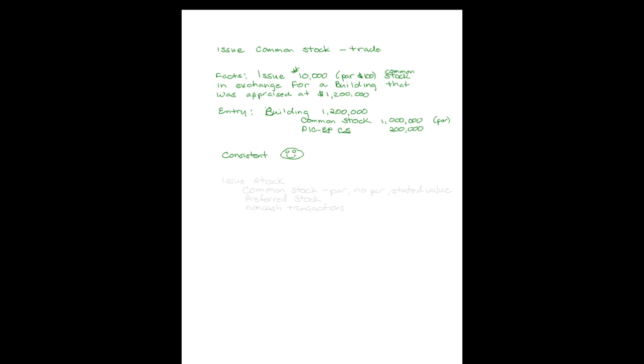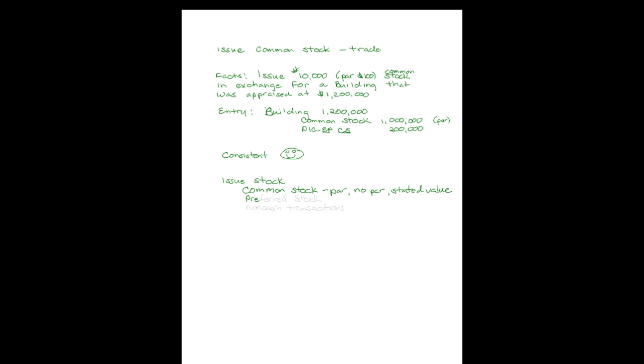This concludes my pencast on issuing stock. Hopefully you found it helpful. We learned how to issue common stock, and the common stock had a par value, and then we did no par, and then we came in with that crazy stated value, which for the entire world starts looking like par value.